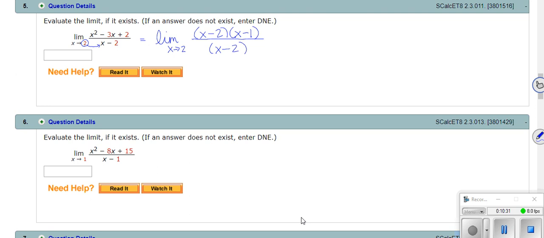Now what do you notice? Now I can cancel out the x minus 2's. So now I'm left with the limit as x approaches 2 of x minus 1. Now, can I plug 2 into that? Of course I can. So now I can take this 2 and plug it in here. This gives me 2 minus 1, or just 1.